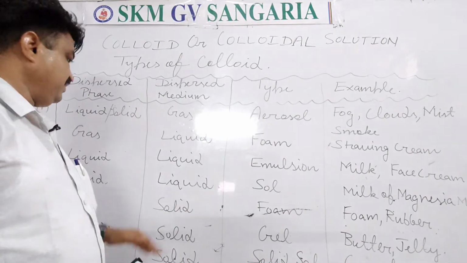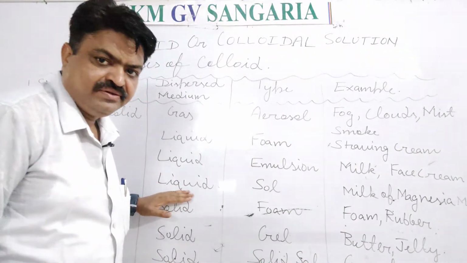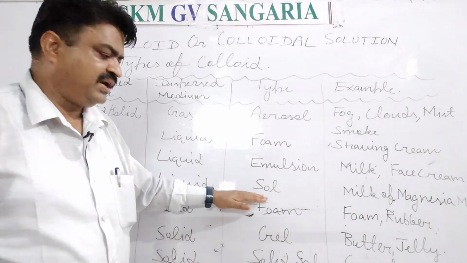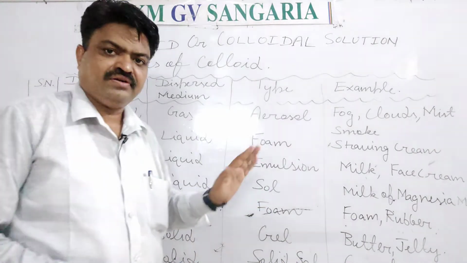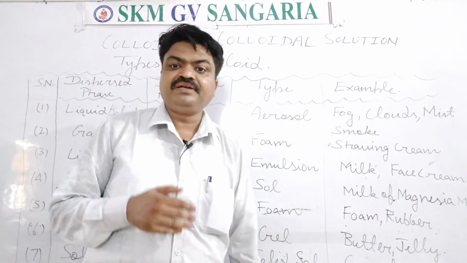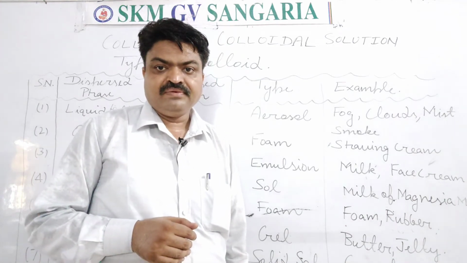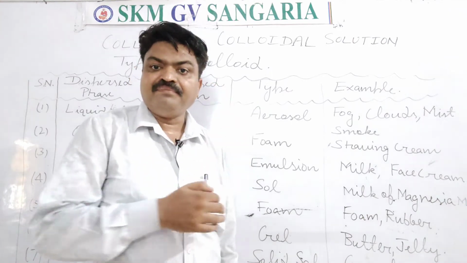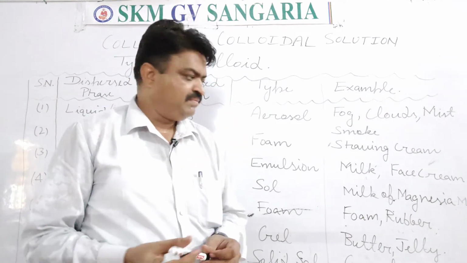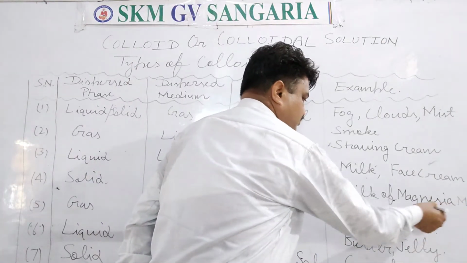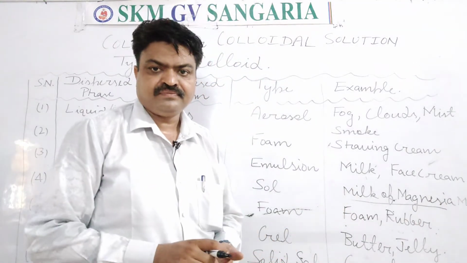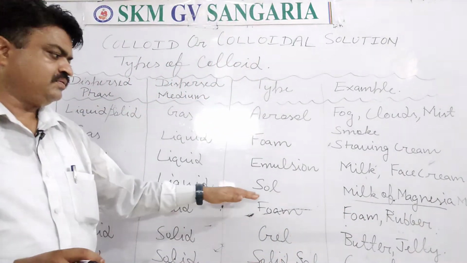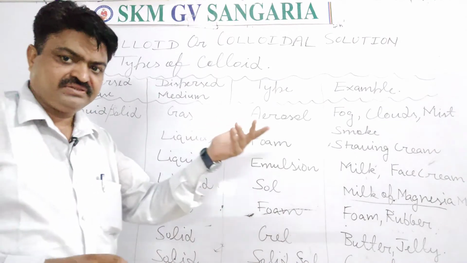They are dispersed in a liquid medium, and the composition that we get is known as sol. And its common example is mud, student, or muddy water, we can say. And milk of magnesia. Milk of magnesia is also an example of sol, student, and sol is a colloid.